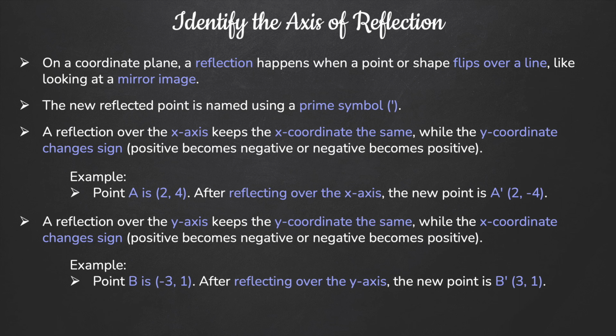So again, remember that our reflections do get that prime symbol. And in this case, if we look at point B and B prime, the x-coordinate changes sign. It was negative, and after reflecting it, it becomes positive. But the y-coordinate stays the same. So this is how we know we're reflecting over the y-axis.